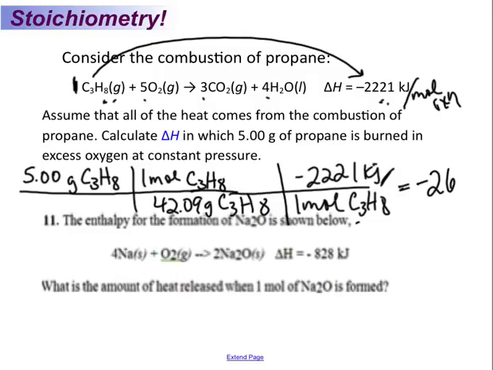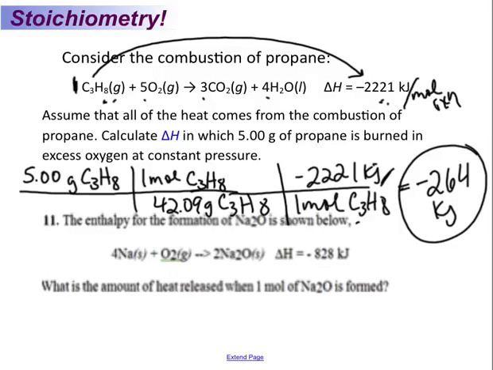Negative 264 kilojoules. Now, I'm not going to write per mole here. Why? Because the moles cancel, but I'm talking about theoretically. What is this? Kilojoules per the 5 grams, right? It's not kilojoules per mole. It's kilojoules per the 5 grams. So that's why we don't include it.